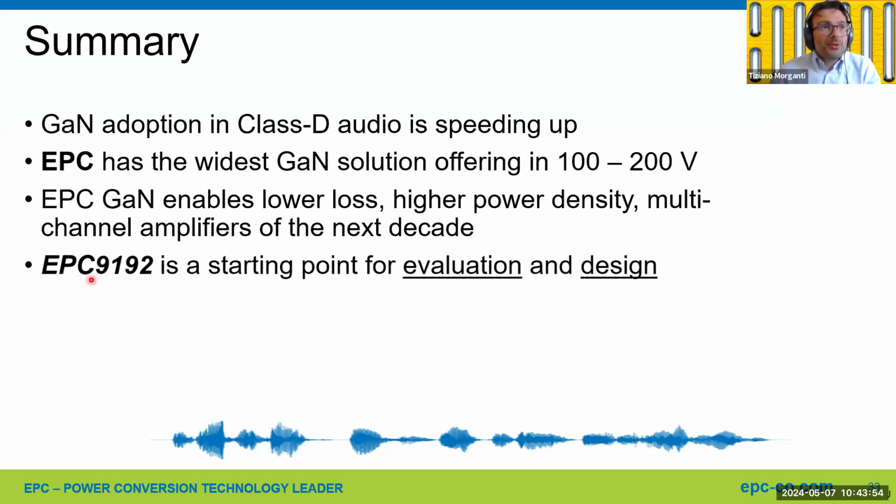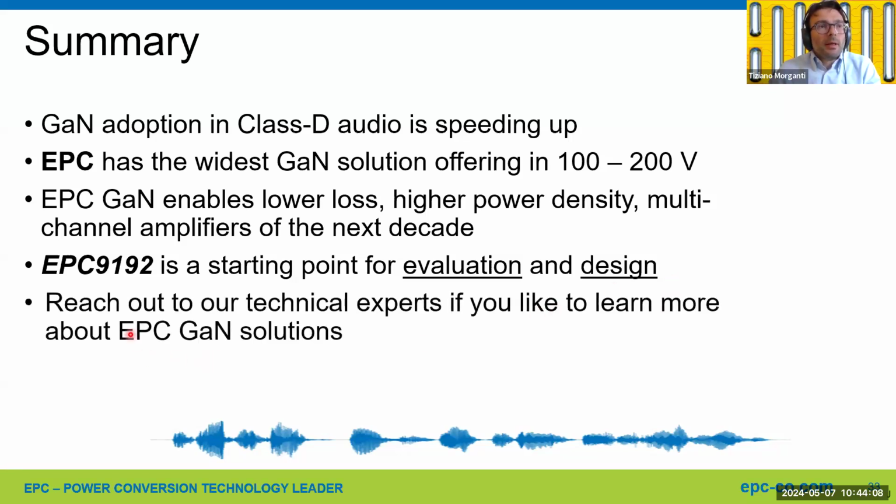Our demo board EPC9192 is a good starting point both for evaluation of GaN technology and for starting a design of a product. And we can offer support to address your doubts and your requests.